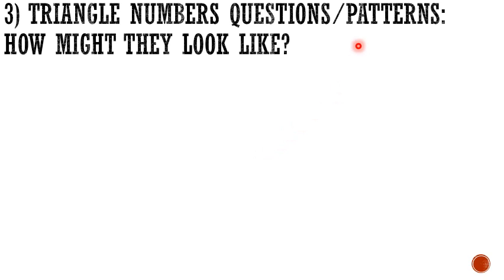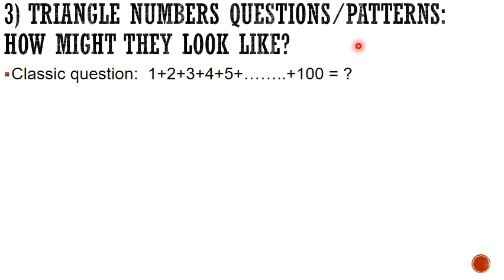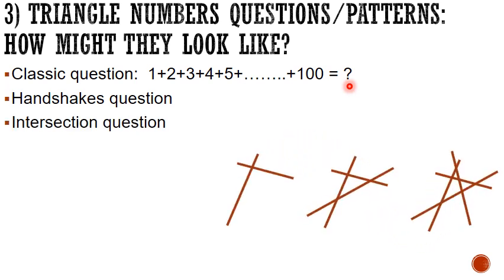Now that we know what triangular numbers are, you might think, how will this question look in an exam paper? One of them is the classic question of 1 plus 2 plus 3 plus 4 plus 5 all the way to plus 100, and then they ask you what this sum is. Or previously in PSLE, you have this handshake question, or the intersection question.